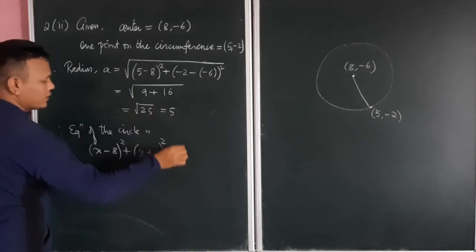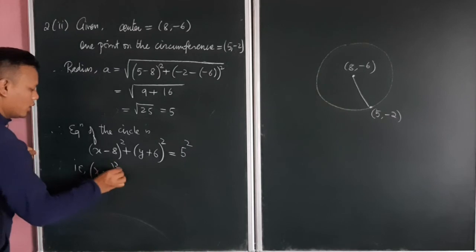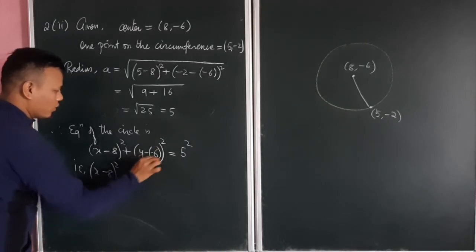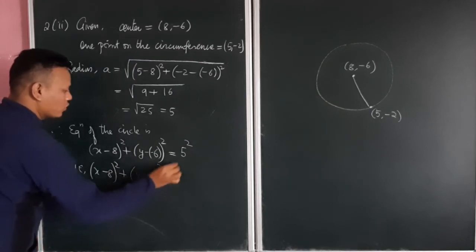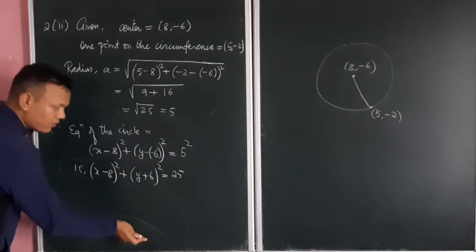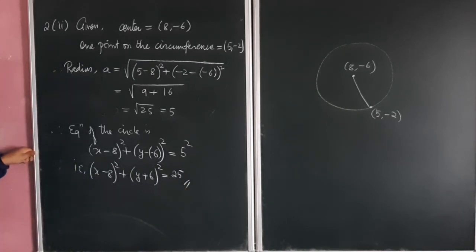And how much is a? A is 5, so this is 5 square. That is x minus 8 whole square plus y plus 6 whole square equals 5 square, which is 25. Okay, so from here you will simplify and write down what will be your equation. So you may pause the video to note it down.